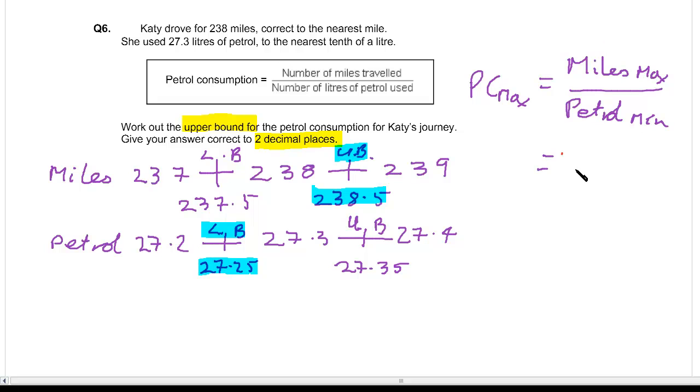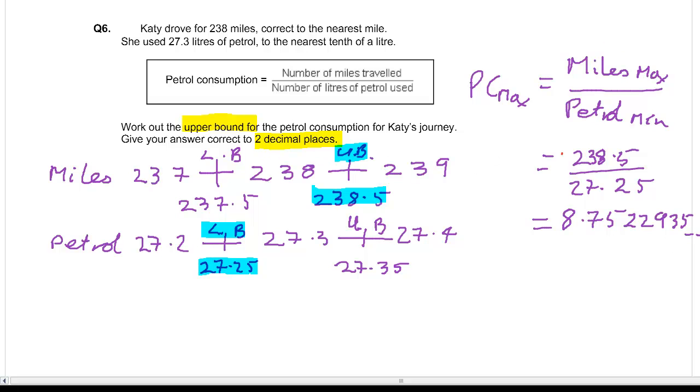So this is going to equal 238.5 over 27.25. Put that into the calculator and we get 8.7522935 and so on, but we're only interested up to 2 decimal places.